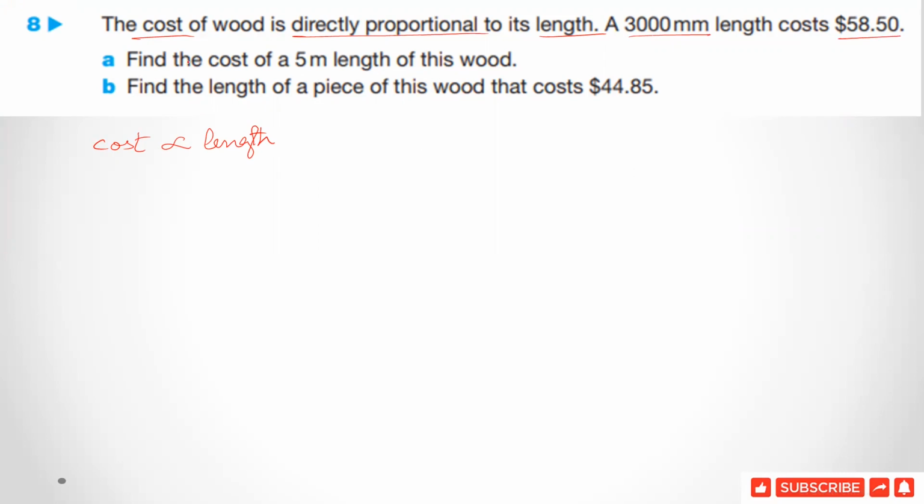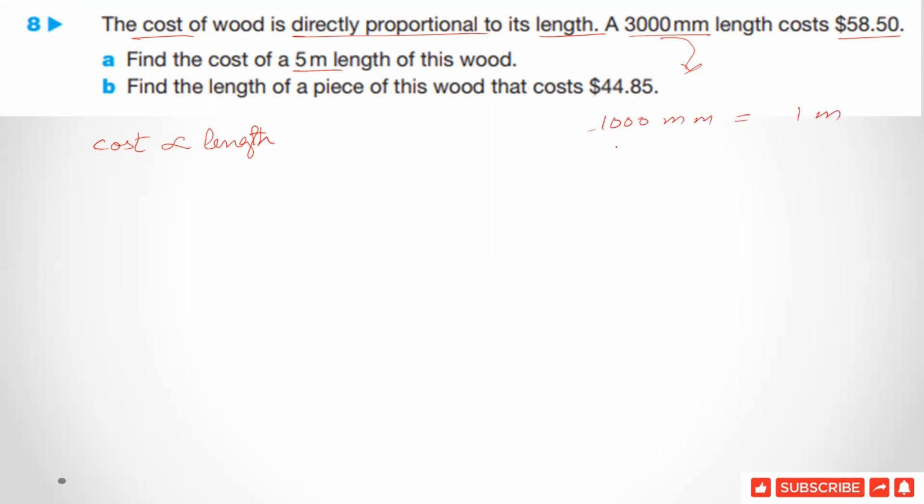But we need to find the cost of 5 meter length. We have two options. Either we convert this 5 meters into millimeters, or we can change this 3000 millimeters into meters. So right now I choose the easy way and I convert this 3000 millimeters to meters only. As we know, 1000 millimeter equals 1 meter.